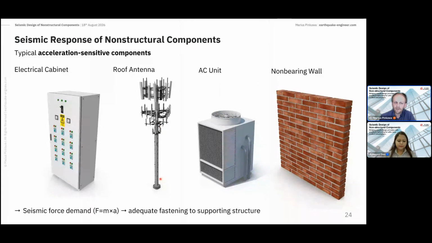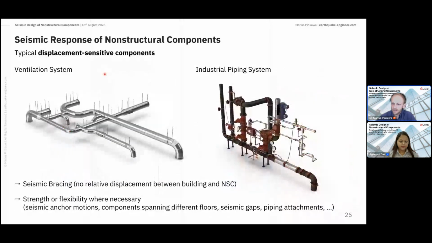The displacement-sensitive components are rather distributed systems like air conditioning systems or piping or industrial piping systems. So these components also have a force demand. There's an inertial force acting, so we need the seismic bracing to transfer the forces to the structure.